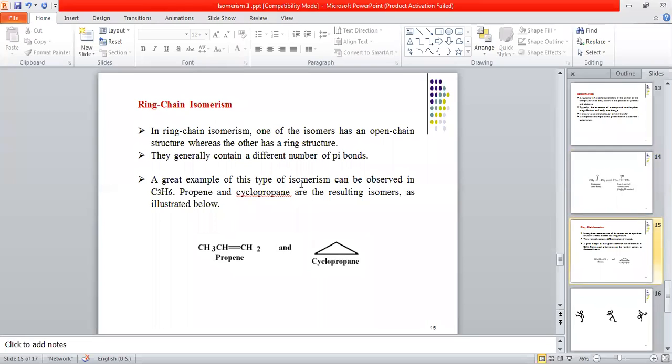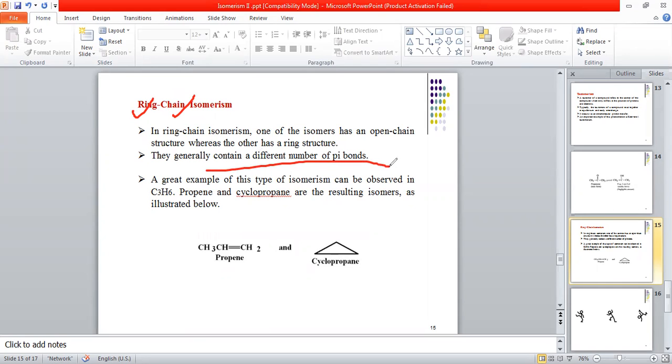Now this one is ring-chain isomerism. What is ring-chain isomerism? Ring-chain isomerism means one molecule will be found in the ring form, and the other compound will be found in a chain form. They generally contain a different number of pi bonds.